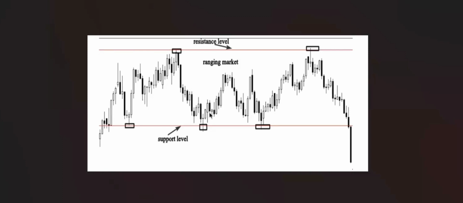All right. The first way to trade a ranging market is by waiting for price to approach resistance, so you can sell. When price approaches the resistance level, you quickly and confidently sell, of course having other confirmations in your favor.